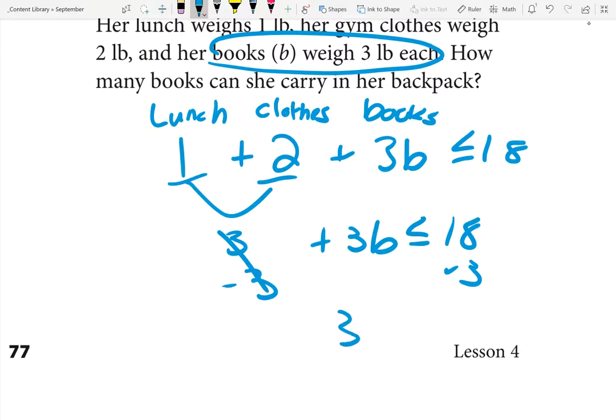Now, what this means, again, in the context of the problem is, remember that 3 pounds that we're subtracting is coming from the lunch and the clothes. So if 18 pounds can go in her backpack, 3 of those pounds is going to be the lunch and the clothes, which means that there are 15 pounds remaining for her books, right? She has 15 pounds of space left over for her books.